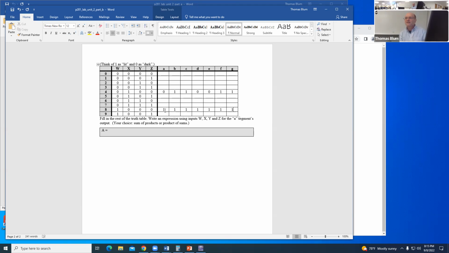But if we're only representing decimal digits, then it doesn't matter, and it's your choice. And then I say I want an expression for A. And you can do sum of products, or you can do product of sums, whichever one you like.